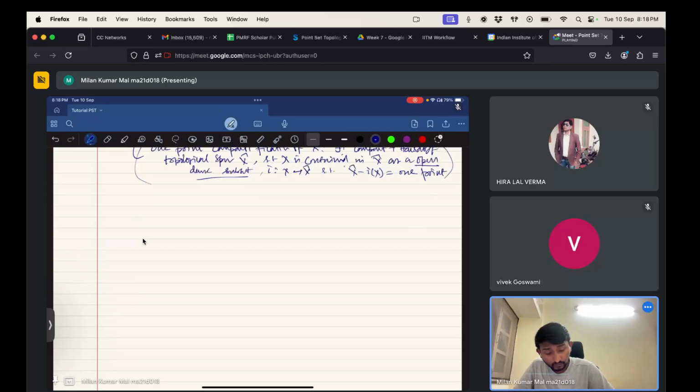So now question number 8: is a continuous image of a locally compact space locally compact?